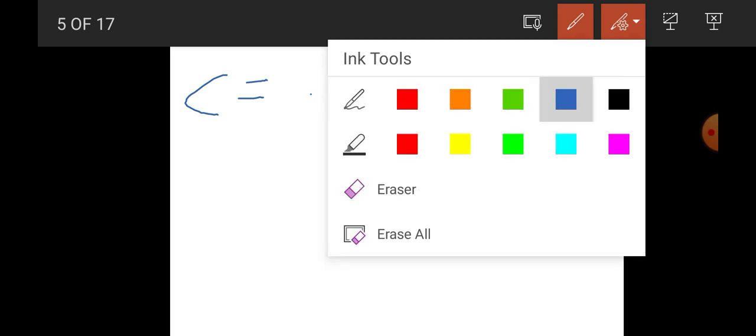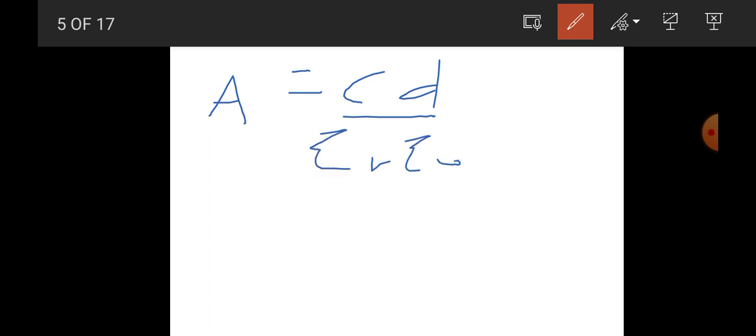Area is equal to capacitance times D separation over relative permittivity times epsilon naught.